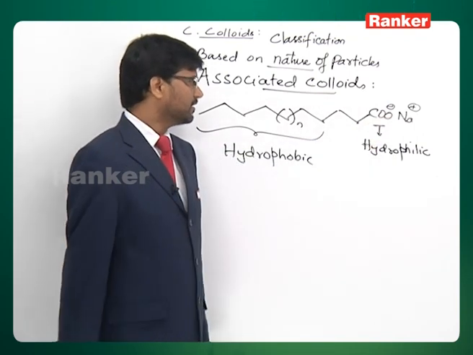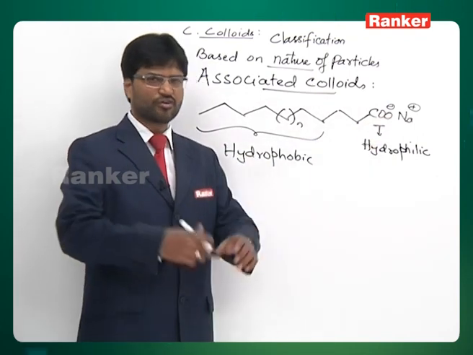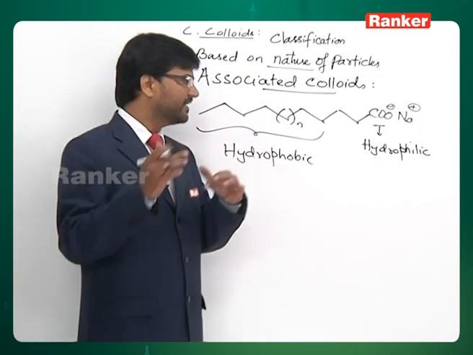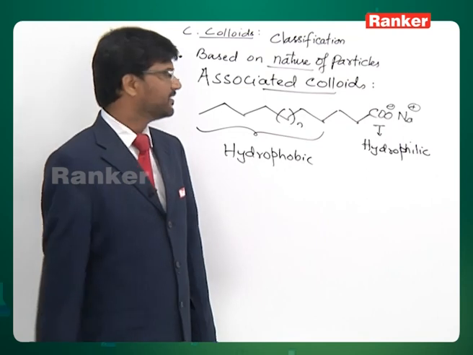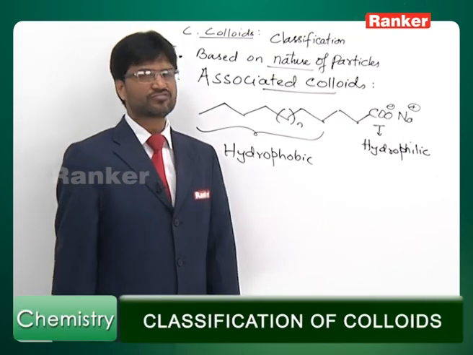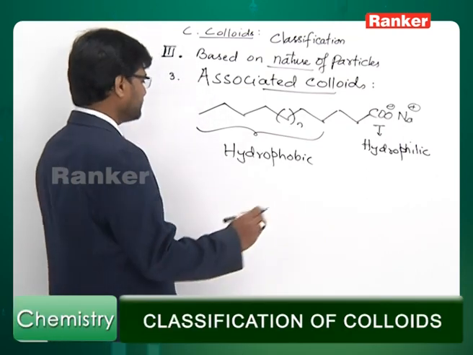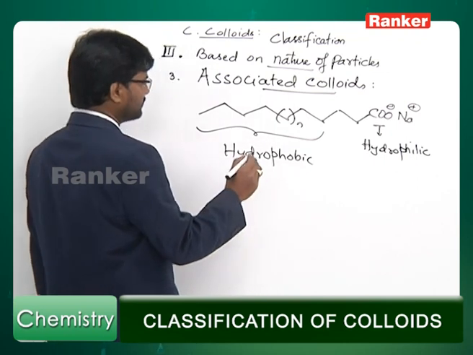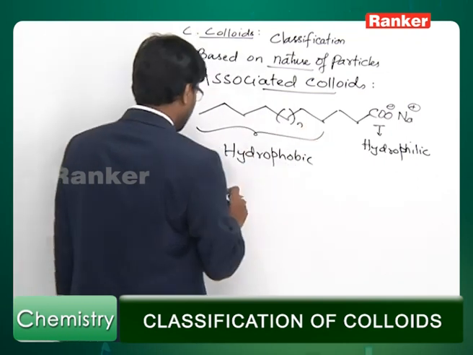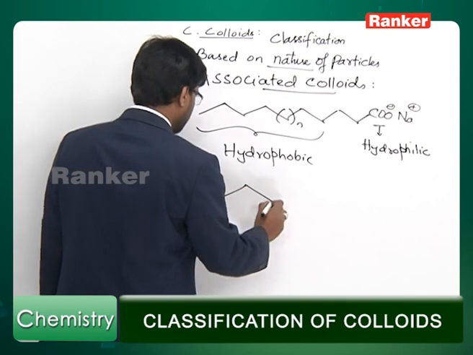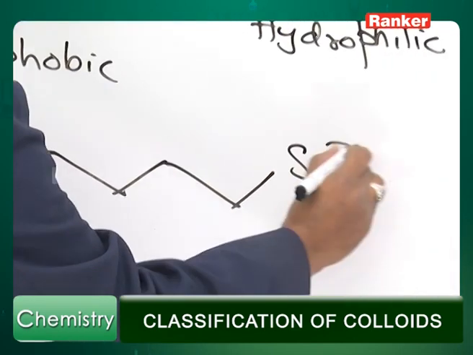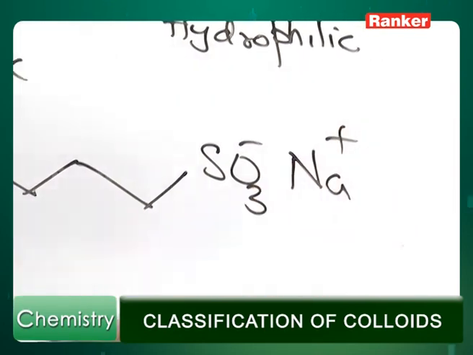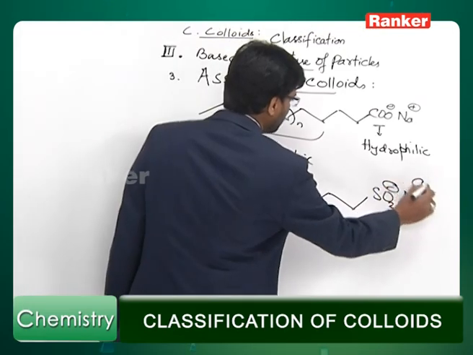So this type of molecule has two complementary ends, a hydrophilic end and a hydrophobic end. The hydrophilic end tends to stay in water, whereas the hydrophobic end wants to get out of water. This type of molecules behave as soap, and you have detergents also.